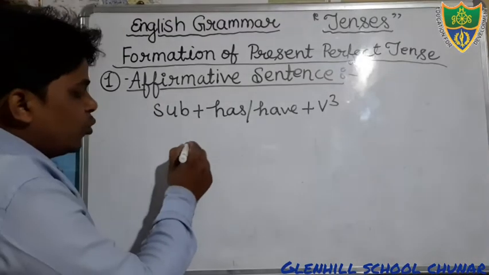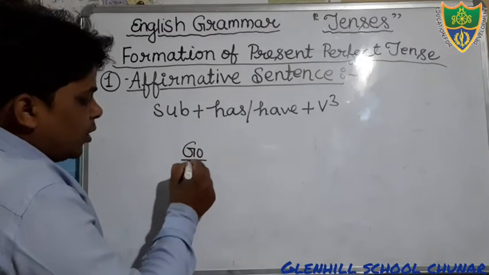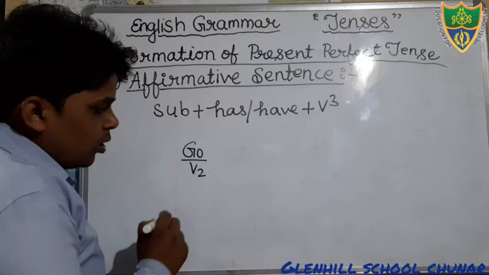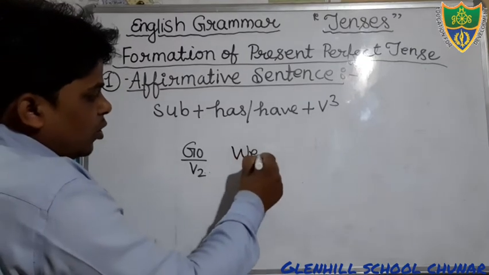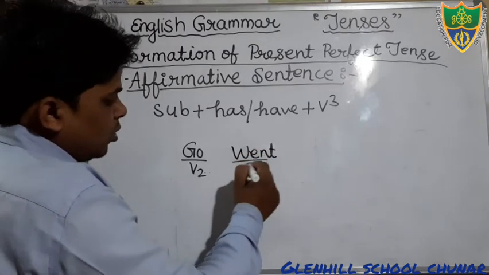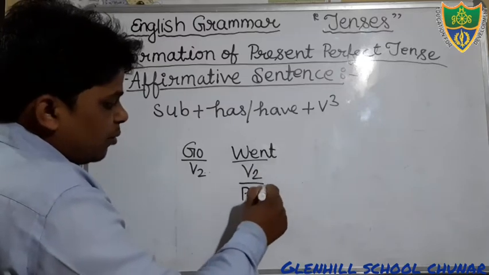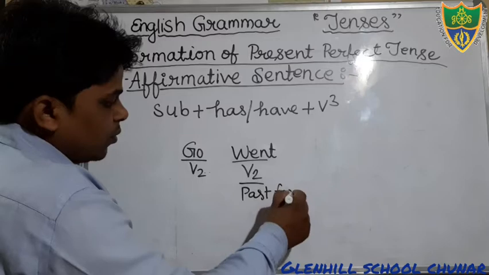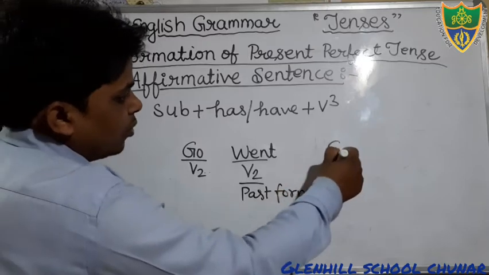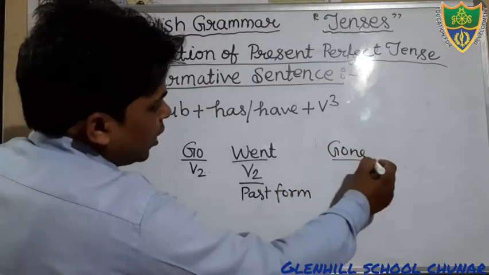Just see here, suppose that go is your main form, that is the V1 form. Went is the second form of the verb, that is also known as the past form of the verb. And gone is what kind of verb?